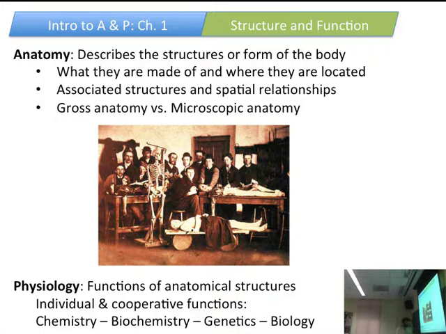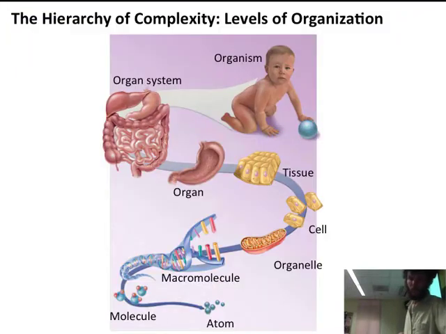What are they doing? They have unique individual functions, and sometimes there are cooperative functions working in concert with other parts of your anatomy. This includes both chemistry, biochemistry, genetics, biology. All right, so this is a pretty fundamental concept to the study of A&P.